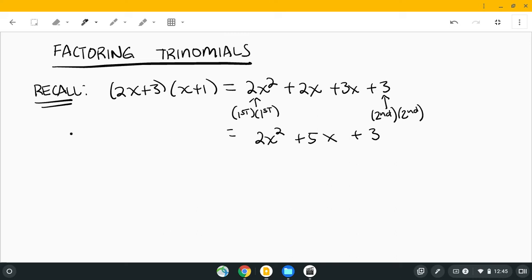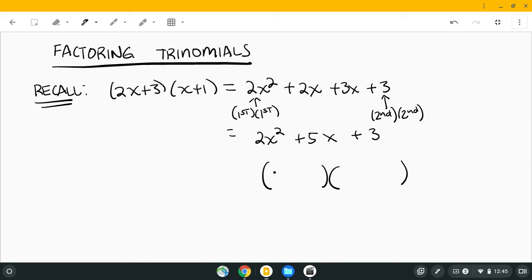Okay, and so when we do our factoring, we're going to be given a trinomial like this here, 3 terms. And what we're trying to do is figure out how to go backwards, how to figure out what we multiplied. So when we're given the trinomial, we use this understanding that this 2x squared was created by multiplying the first term times the first term.